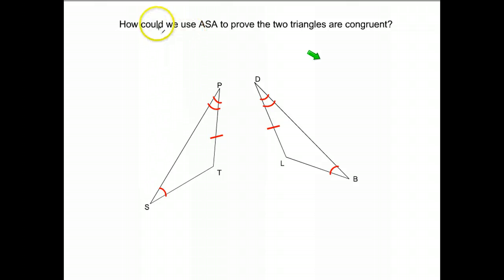With that being said, how could we use ASA to prove this? AAS is more obvious, but you really can use ASA to prove these two triangles are congruent. It just takes an extra step. That extra step is, remember that in a triangle, the 3 angles always add up to be 180.